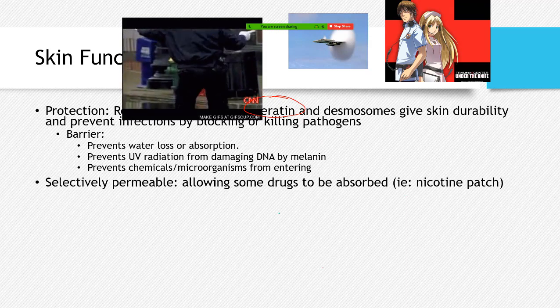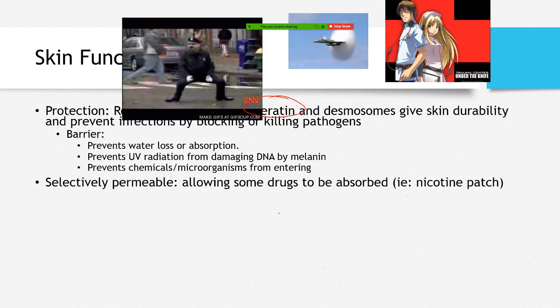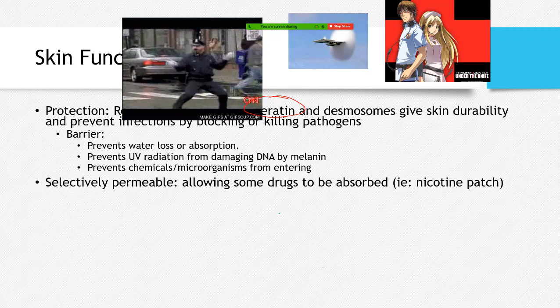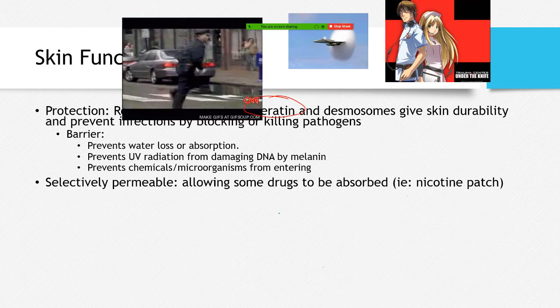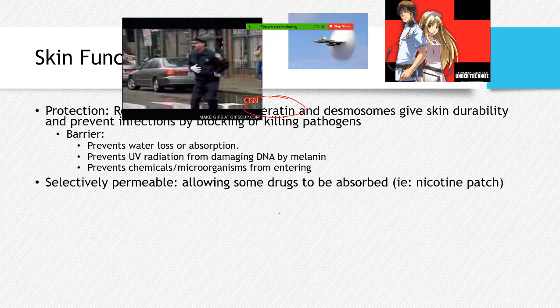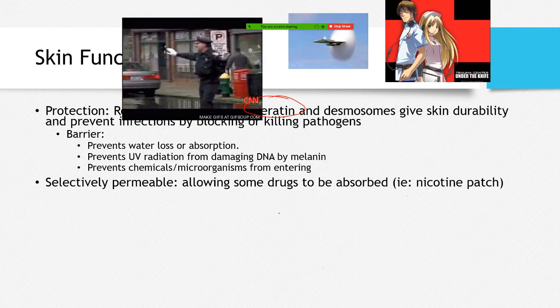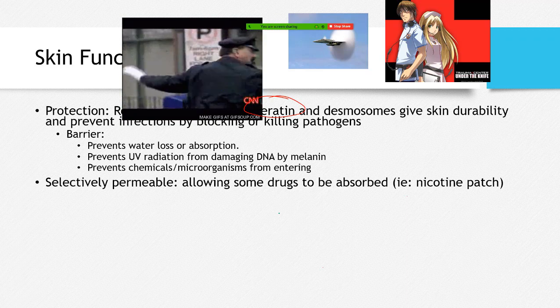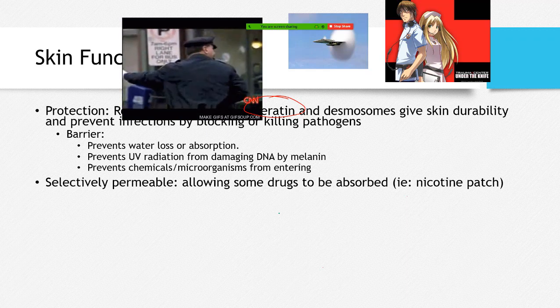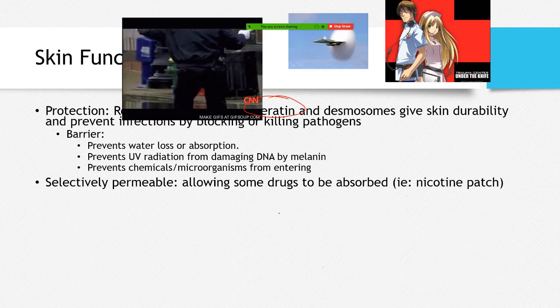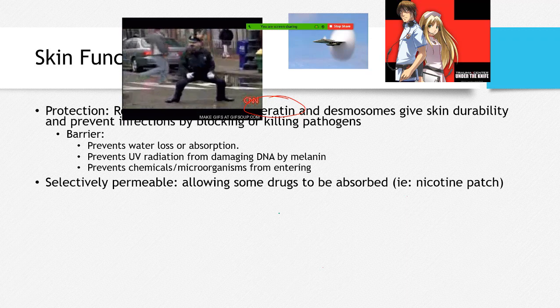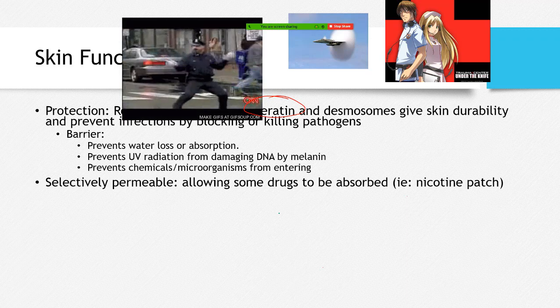It is also selectively permeable, meaning that only certain things are allowed into the skin, not other things. Since cells have a plasma membrane around them, and plasma membranes are made out of phospholipids, things that are lipid-based are going to be more easily absorbable than other types of drugs.